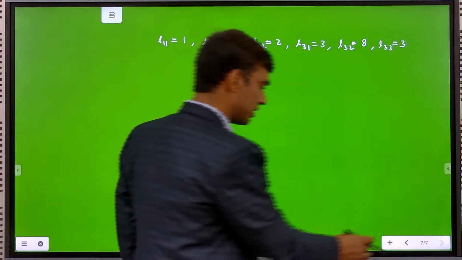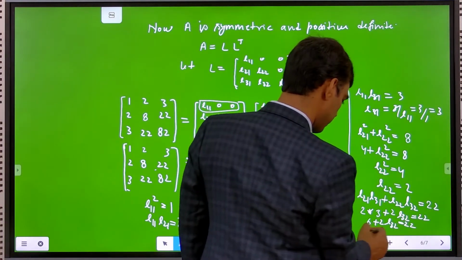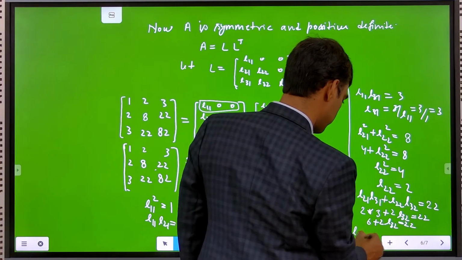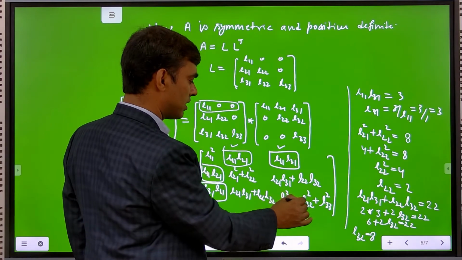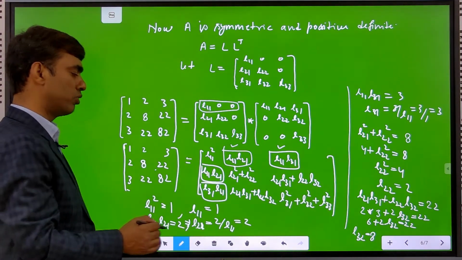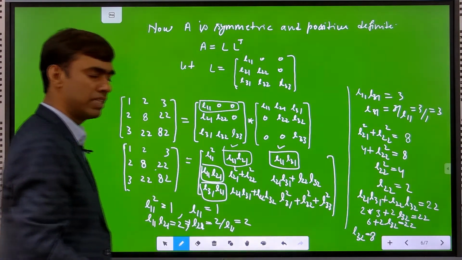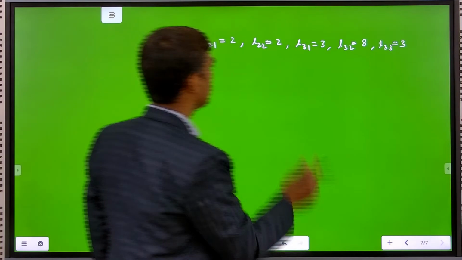Here we calculated the value of L32: L32 equals 8. Similarly, we compare L31 square plus L32 square plus L33 square equals 82, and putting in the values of L31 and L32, we are able to find the value of L33. This one equals 3.